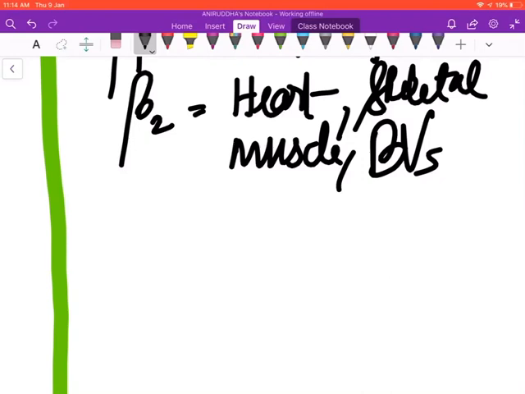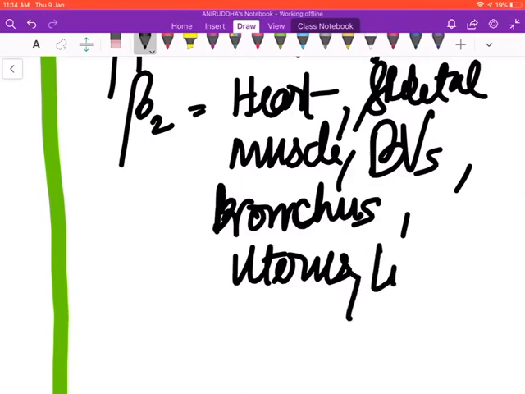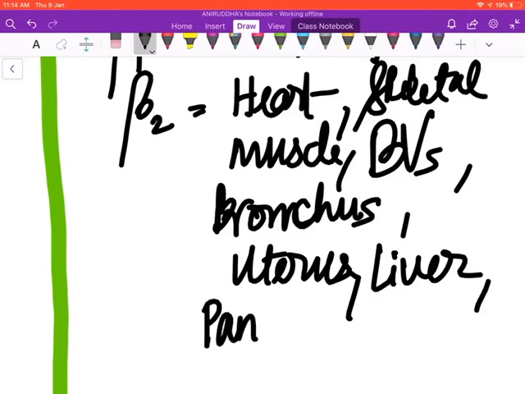On the bronchus, they cause bronchodilation. That is why your beta 2 agonists are used in the treatment of asthma. They are also found on the uterus, causing relaxation, also known as tocolysis. They are also found on the liver, promoting gluconeogenesis and glycogenolysis, and are also found on the pancreas, where they stimulate insulin release.